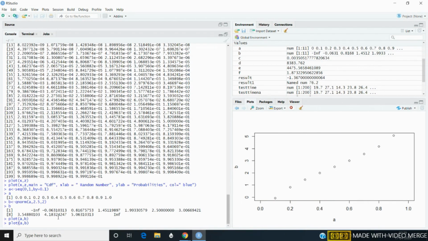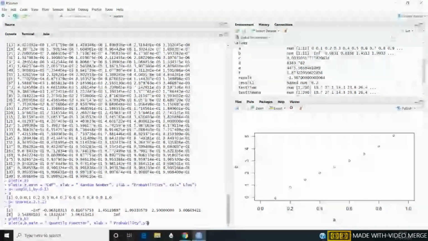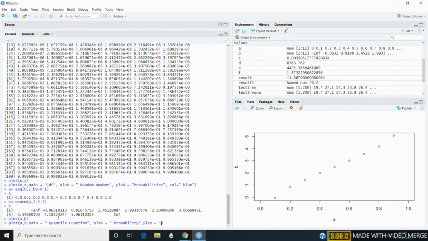This is okay. We can do modification as we know. So main, it is quantile function, quantile function, and x label. So on x-axis there is a probability. So I will write probabilities, and on y-axis there is random numbers.